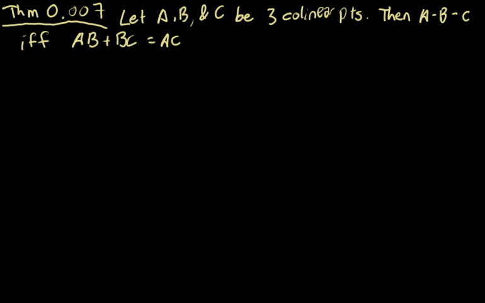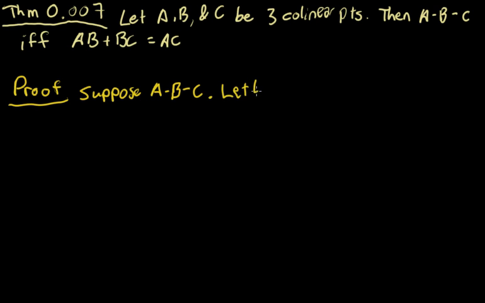So let's go to our proof. We'll start out by saying suppose B is between A and C. So suppose A-B-C. Whenever we write this, since B is between A and C, they must be on the same line, so they must be collinear.